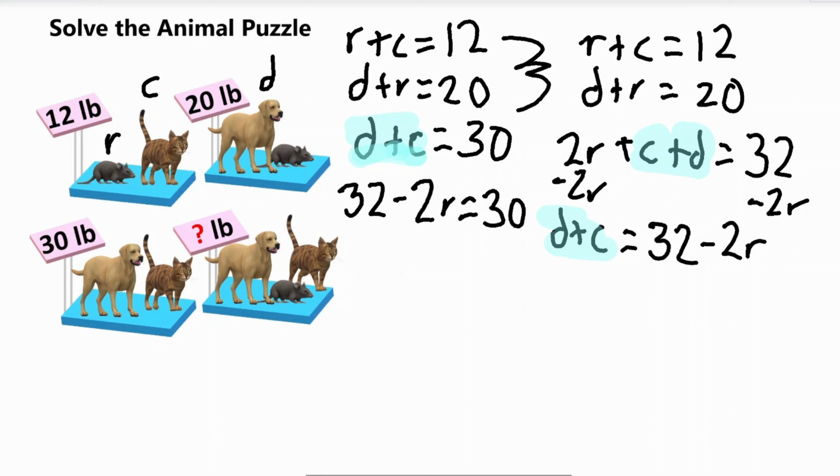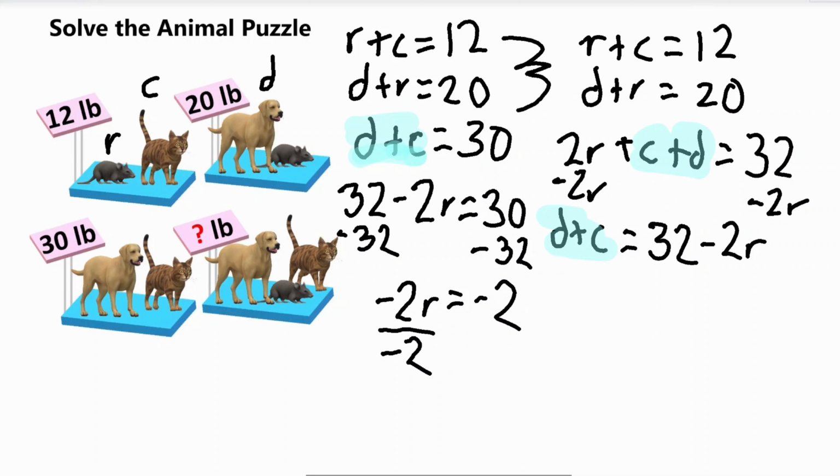Okay, so let's solve for R, right? So subtract 32 from both sides. So that'll give us negative 2R is equal to negative 2. Then isolate R and divide by negative 2. And that leaves us with R is equal to 1. Okay, so we know that the rat's weight is equal to 1.